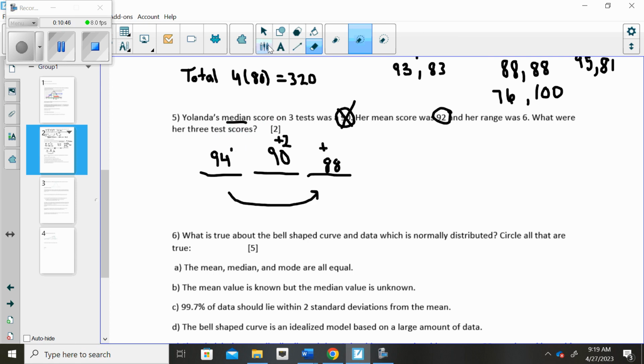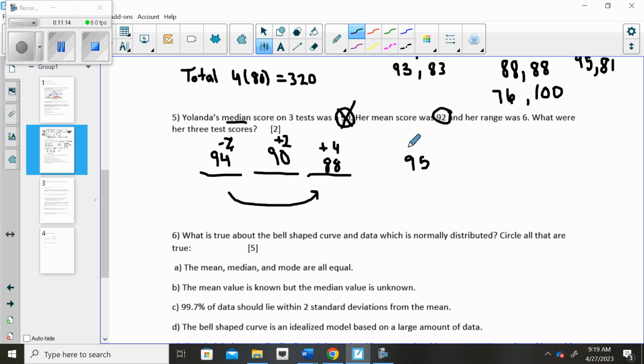So this person can give away 2 points. But this would balance out okay, except the problem is this guy would need 4 points. Okay, so that's not going to work. So, then I just try something else. Well, what if I had a 95 here?